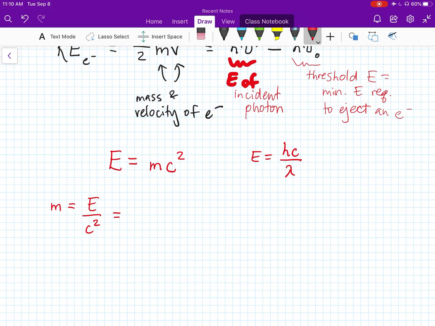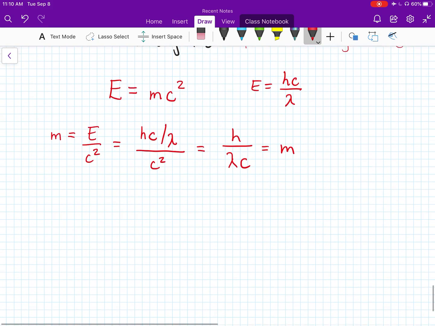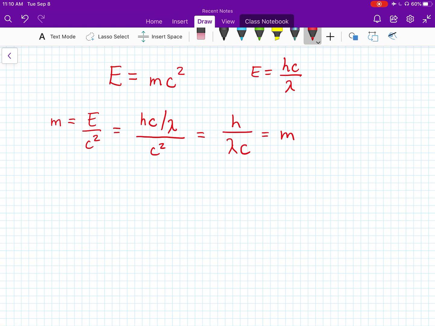So I can plug that in here, hc over lambda, for energy, and I still have c squared on the bottom. Now I can cancel one of those c's, so this simplifies to h over lambda times c. Again, this is equal to the mass of the particle we're talking about, in this case the electron. Let's rearrange this to solve for the wavelength.